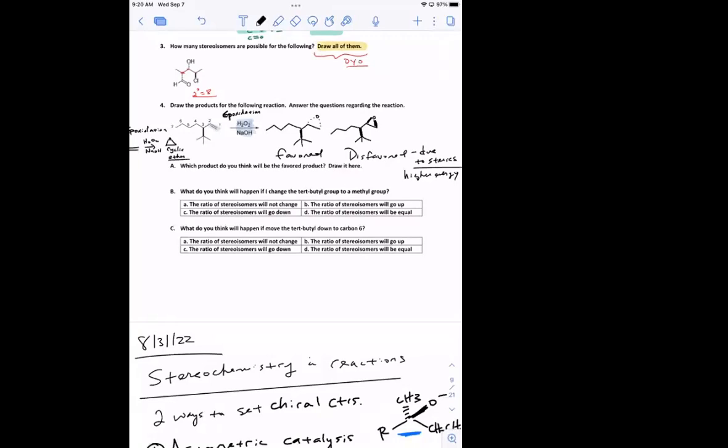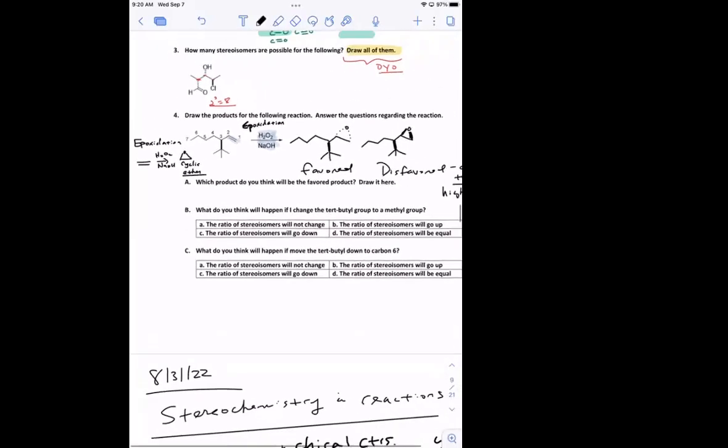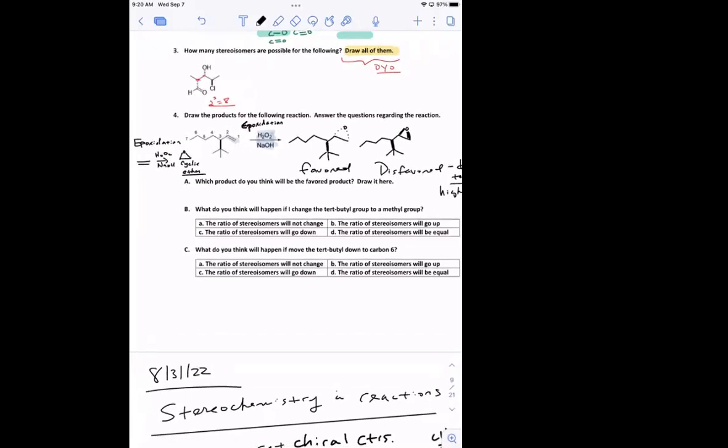What do you think if I change the tert-butyl group to a methyl group? I think the ratio of stereoisomers will not change. Okay, let's think about it.